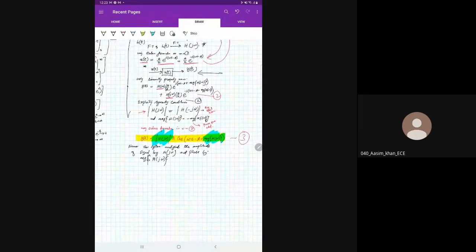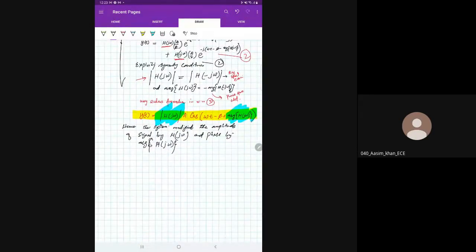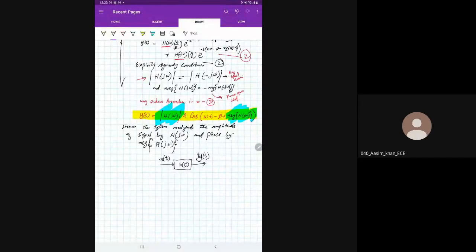If we plot these waves, let us see what is the input. So this is our system h of t. We have x of t here, then we obtain y of t as an output. So how does x of t look like? x of t is probably like this.